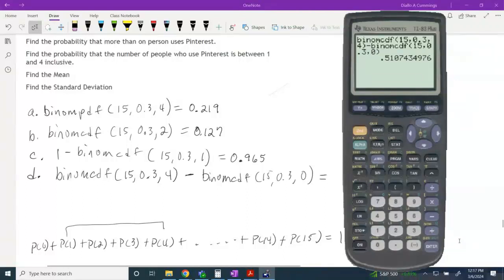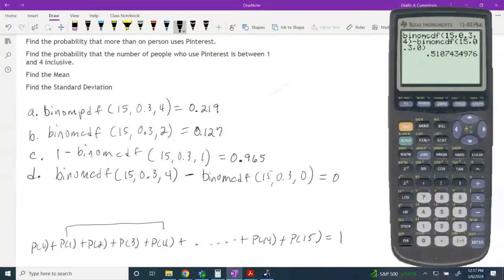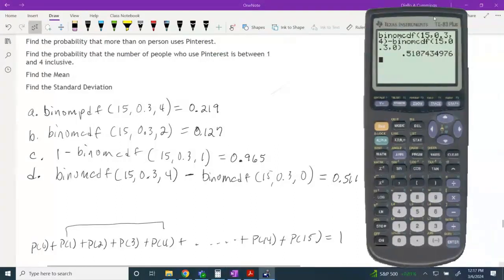And that's going to give me 0.511. All right, so that one's a little bit involved. You have to use a couple of functions, or you could find each probability separately using the PDF and add them up together. You should get that same result.